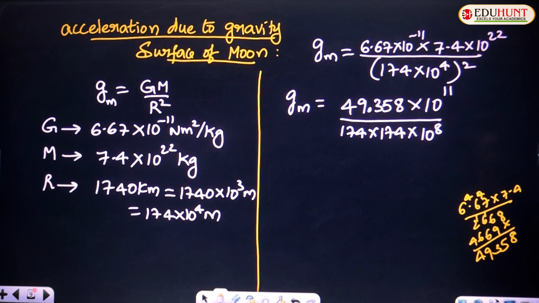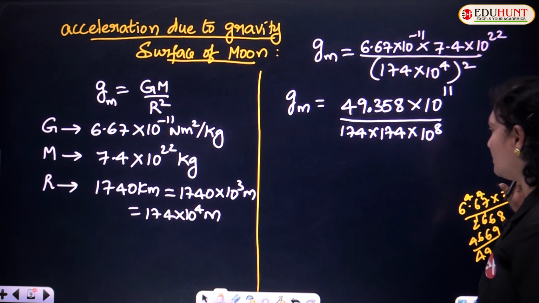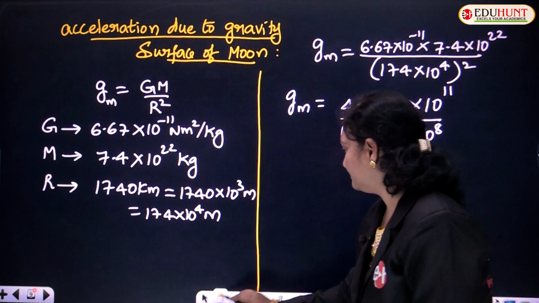Isn't it, children? So now let us find the square of 174.